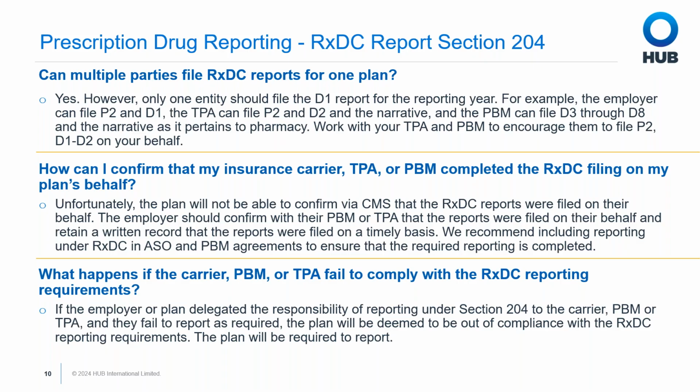For this reason, we recommend that you retain records in writing from your insurance carrier, PBM, or TPA indicating that they will be filing on your behalf. If they fail to file on your behalf, unfortunately, the reporting responsibilities will fall upon you if you're a self-insured or level-funded plan, or if you miss the deadline established by your medical insurance carrier. If you're fully insured, you will be required to file those reports on your behalf.